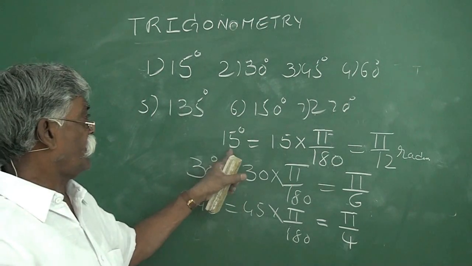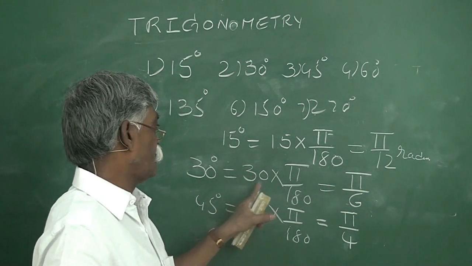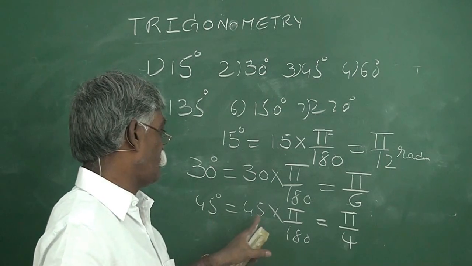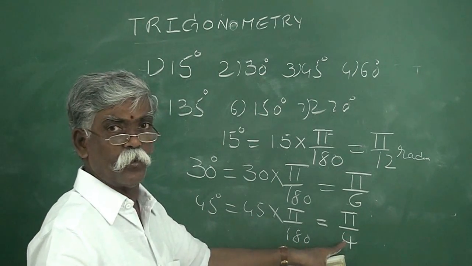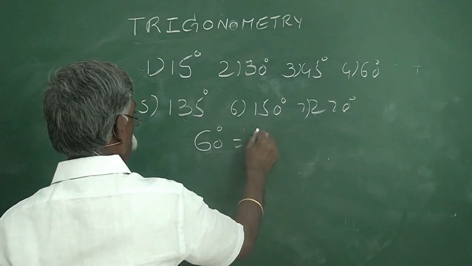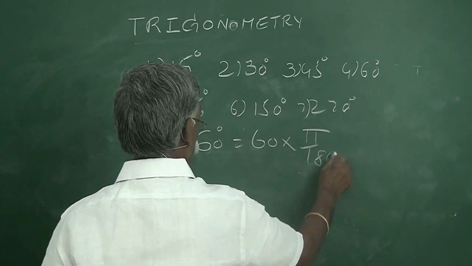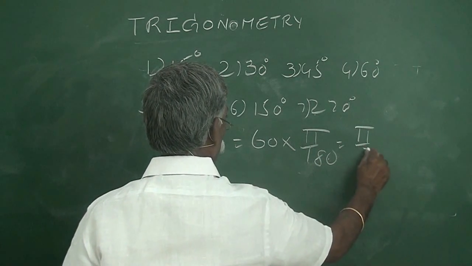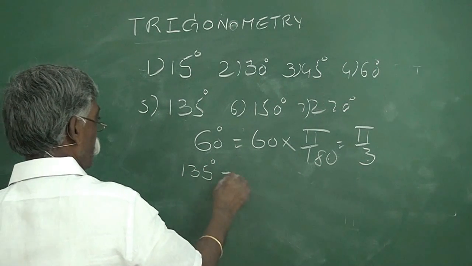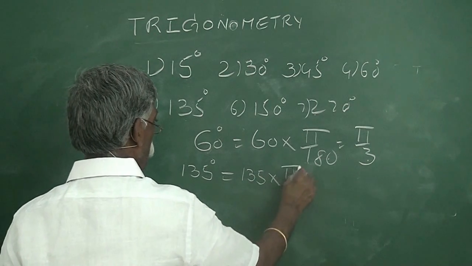So therefore 15 degrees is 15 into pi by 180, pi by 12 radians. 30 degrees is 30 into pi by 180, pi by 6. And 45 degrees is 45 into pi by 180, which is equal to pi by 4. 60 degrees is equal to 60 into pi by 180. This is pi by 3. 135 degrees is 135 into pi by 180.